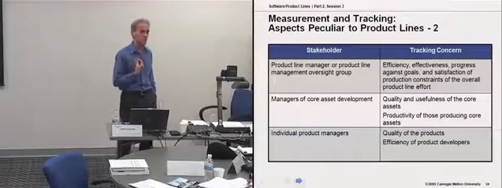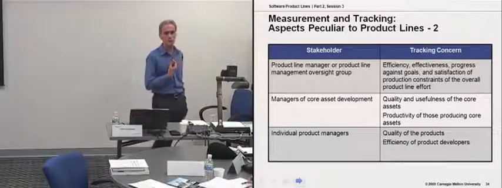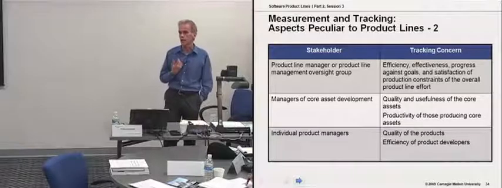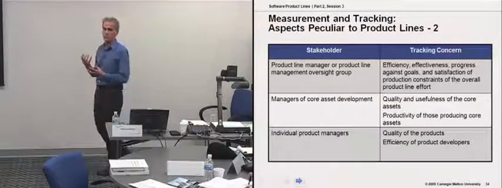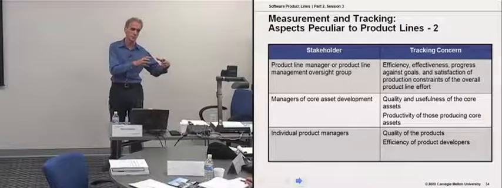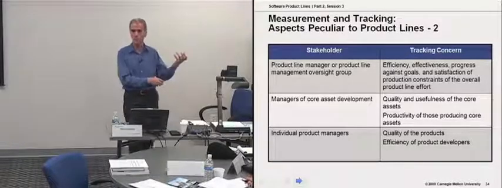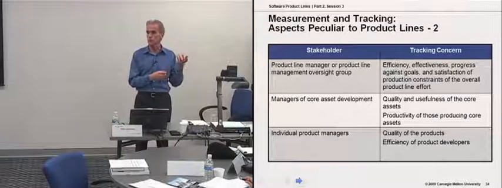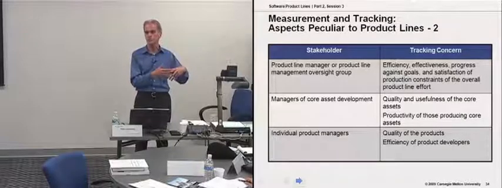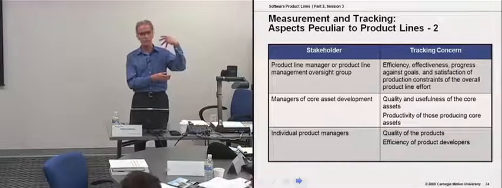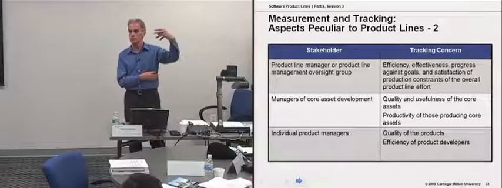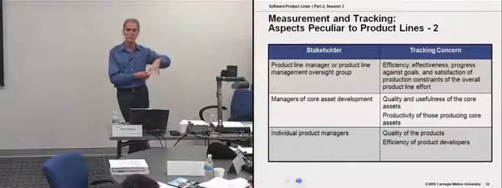The product managers will want to keep track of the quality of the products and be able to say whether or not a defect is associated with the actual product-specific part of the product or whether it's associated with the core asset. So there's an additional level of checking that you do in the core assets in the sense that you do quality checks on the core assets before you release them to product development.